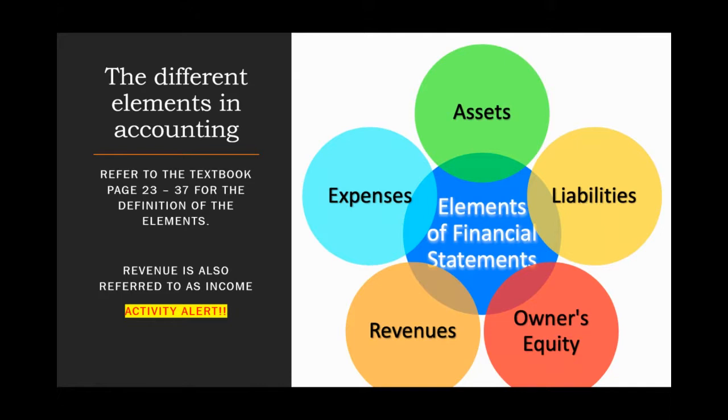And which two proprietary accounts do we have? Capital and drawing. Now, we're speaking to owner's equity. Capital and drawing always affect owner's equity, how much money we have in the business.